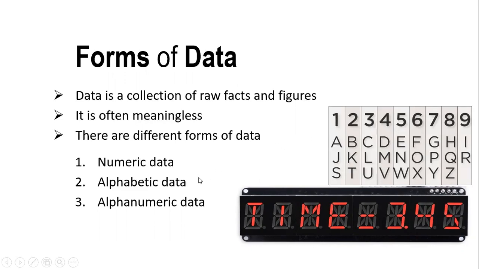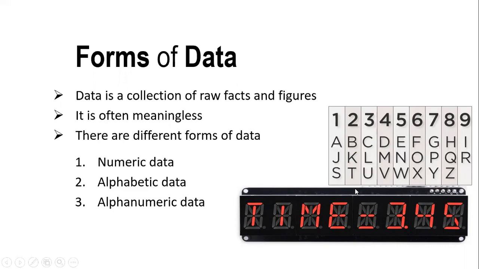The second form of data is alphabetic data. As the name suggests, it's alphabet letters from A to Z. All the data in the form of alphabets is called alphabetic data. And then comes alphanumeric data. Alphanumeric data is different from numeric and alphabetic data. Why is it different?